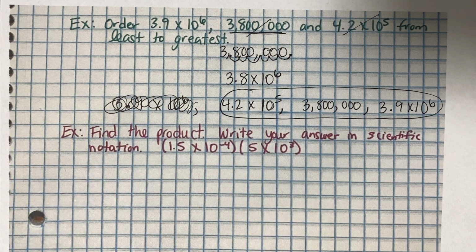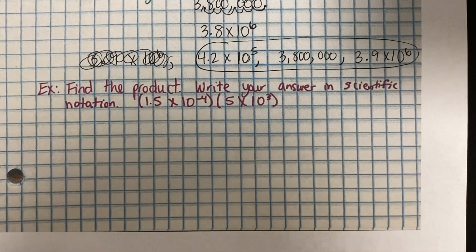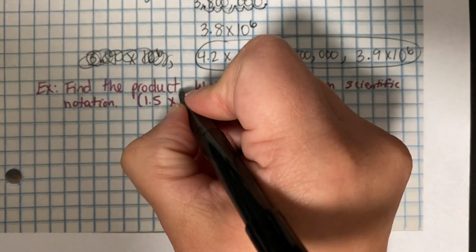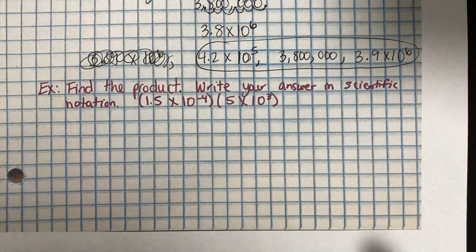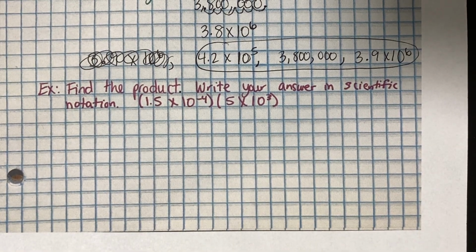Okay, last one. Find the product. Write your answer in scientific notation. So we're going to use a property from a long time ago that you guys maybe liked called the commutative property. Okay. We're going to add into that our knowledge of exponents.